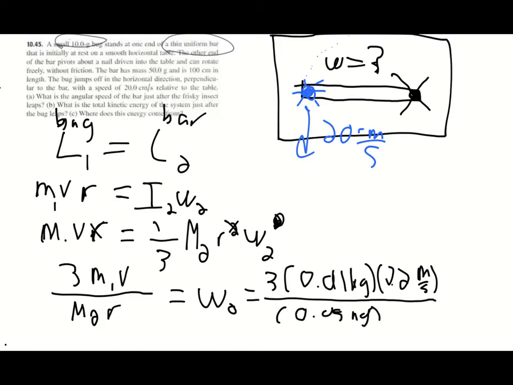Since we're dividing kilograms over kilograms, we could have left it as 10 grams and 50 grams and gotten the same thing. And the radius is 100 centimeters, so we're going to call that 1 meter. We divide all that, we get 1.2 over seconds. And remember, since radians is a dimensionless unit, we're going to call that 1.2 radians per second.